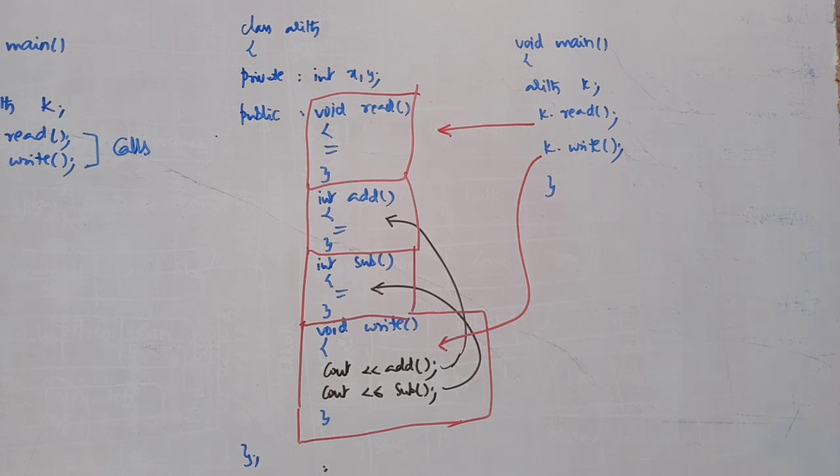I'm telling again, function definition and function call are very important in doing programs in C++. Look at k.read. Once you call k.read, read is called with object k. The control is transferred to the function definition part of read. K.write is transferred to the function definition part of write, in which add and sub are called.